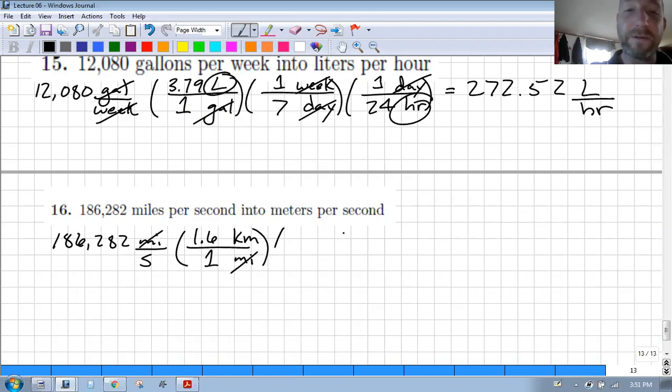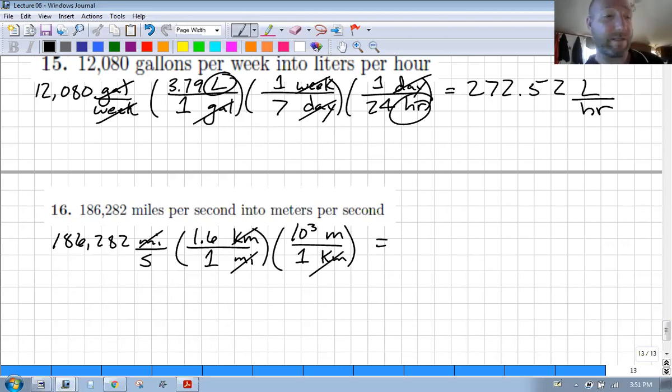But I need meters, so now I can get rid of kilometers in favor of meters. 1 kilometer is 10 to the third meters. We multiply this out: 186,282 times 1.6, and the 10 to the third is 1,000. We get 298,051,200 meters per second.